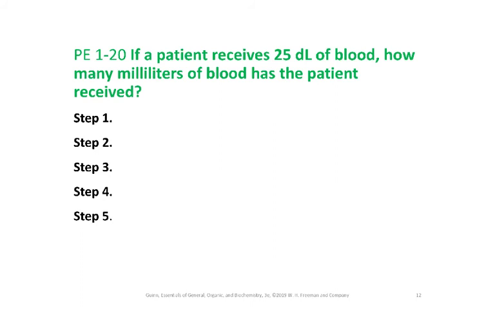Okay, so given is 25 deciliters. What are we trying to find? Milliliters. So if you go and you look at a table, you will not see a direct relationship or a direct conversion between deciliters and milliliters. You could make one, but we should use what we have, and we know we have the base of liters, so we'll use that.